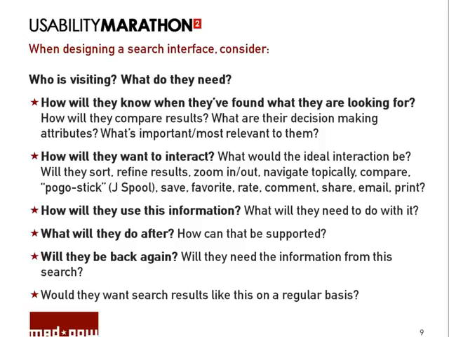So what specific search interactions will people be expecting, and what will they need? And again, it's different depending on the search tool. And doing research and considering your audience is going to help you figure out which ones of these are needed.